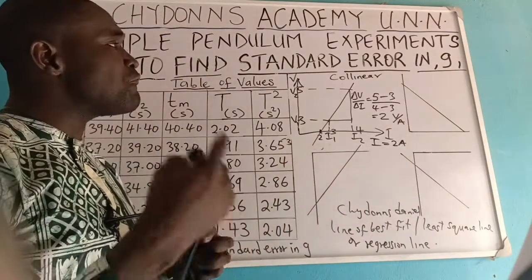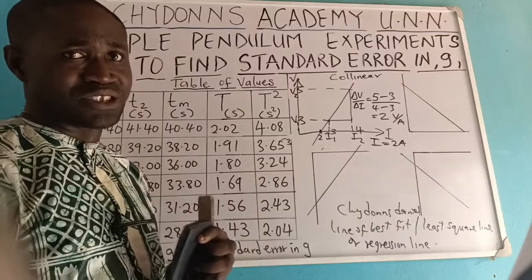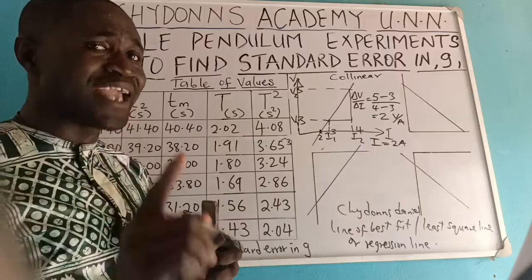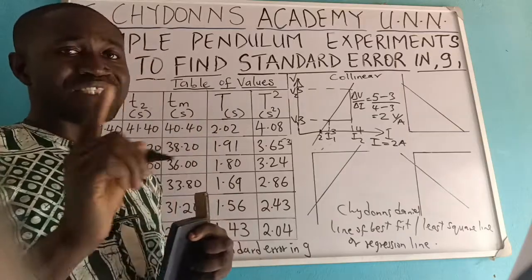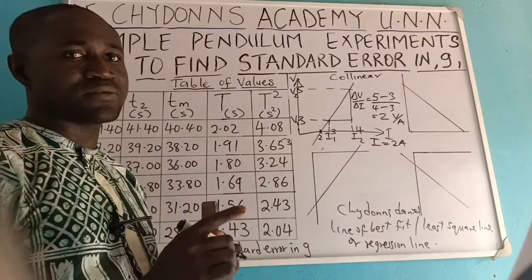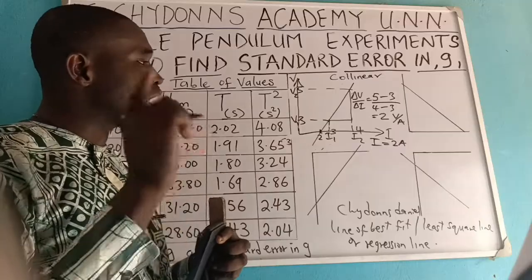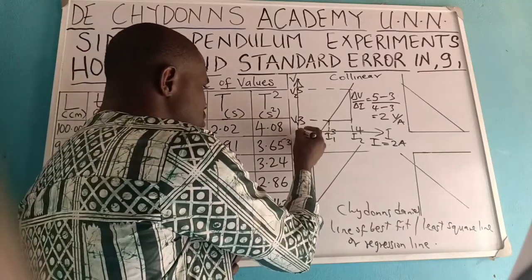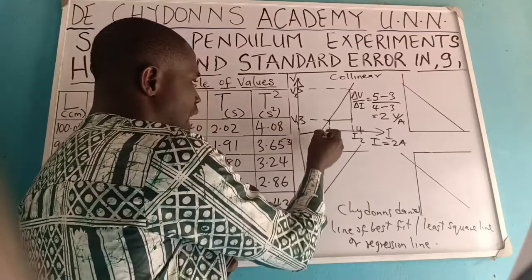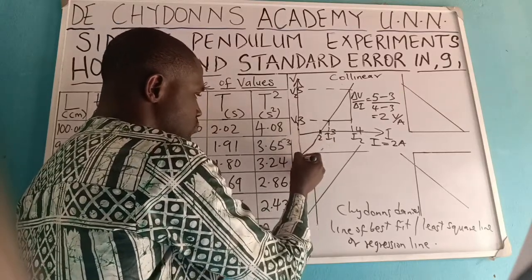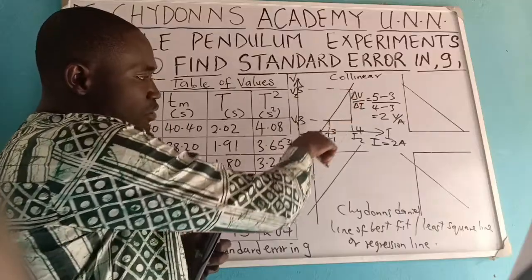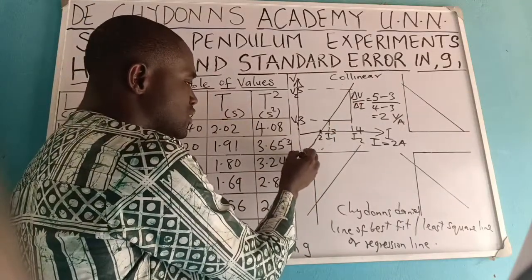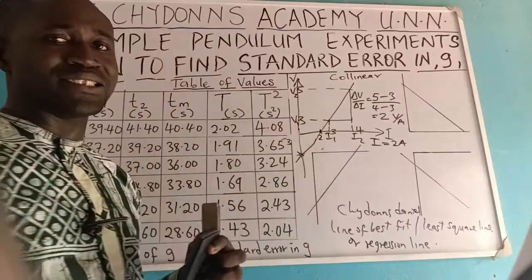Then if they say find the intercept, take your mind to the intercept on the vertical axis. And so extend this line of best fit down to this point, and when you extend it, you will be able to see the intercept on the vertical axis.